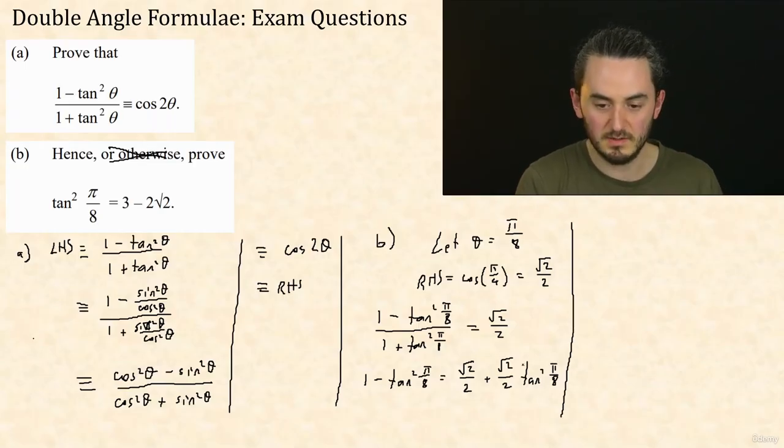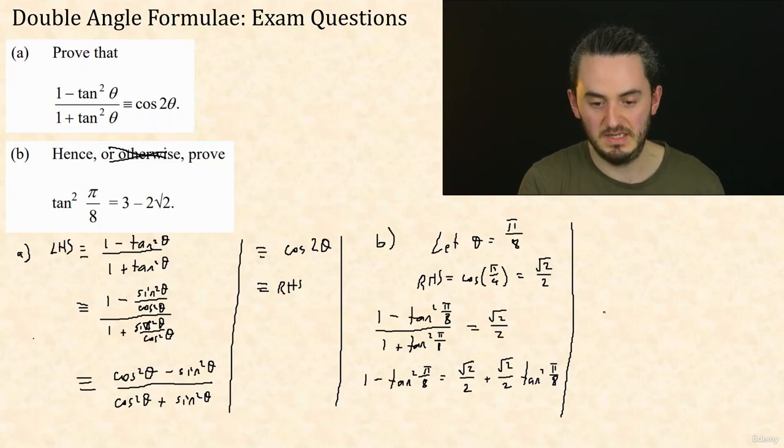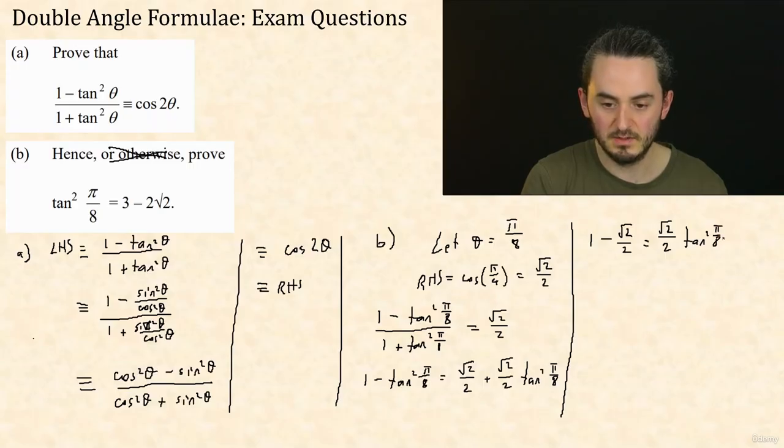Let's keep going over here. I'm just going to try to get all of my tan squared stuff on one side. So I'll add tan squared pi over 8 to both sides and subtract root 2 over 2 from both. So I get 1 minus root 2 over 2 is the same as root 2 over 2 tan squared pi over 8 plus tan squared pi over 8.